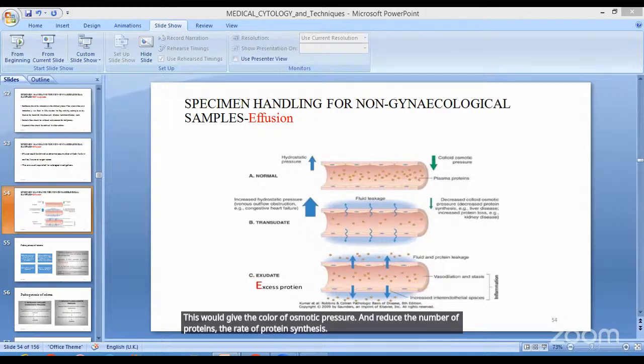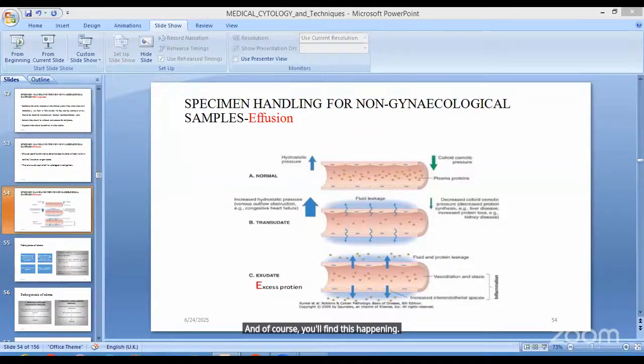And of course, you find this happening in conditions like liver disease, where you have increased protein loss, and in kidney disease, where there is a reduced number of proteins.